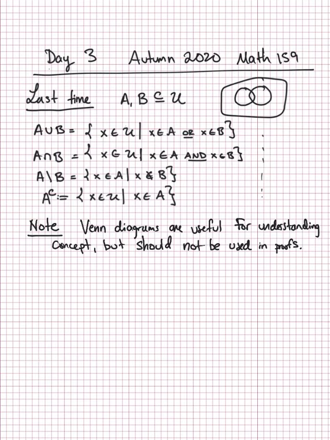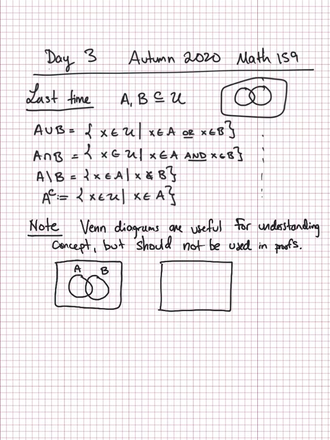The reason that they're insufficient for proofs is that there are a lot of assumptions about sets A and B. We always draw set A and B in a Venn diagram in this way. But of course you can have sets where A contains B. So here might be A, and B might be here.